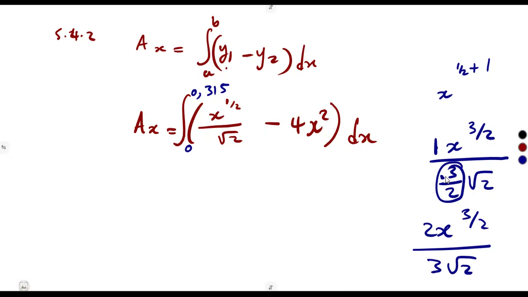This one, 1 over this. What are you going to have? The 1 over 3 over 2 like this is going to give us 2 over 3. So the 2 is now on top. Not the 3, but the 2 is the one that is on top.